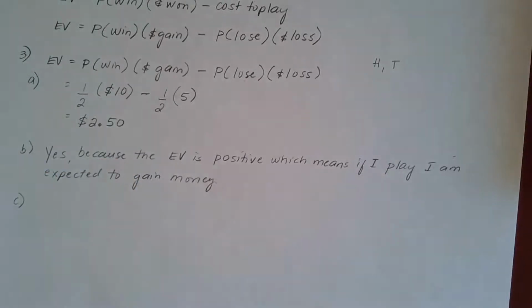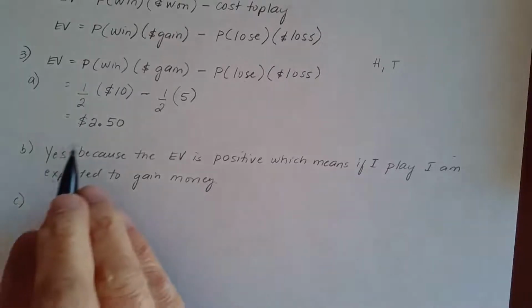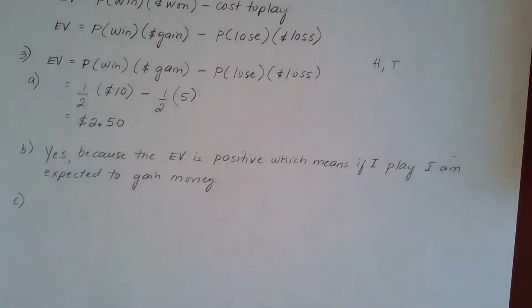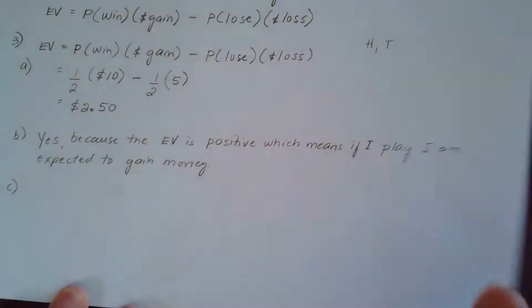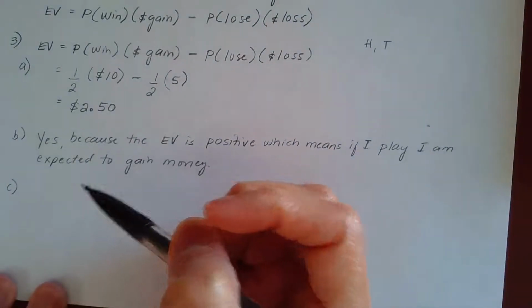Okay, and then let's take a look at letter C. Letter C, it says, if you play the game 100 times, calculate how much you expect to gain or lose. Well, now it's not guaranteed that we're going to get this. So this is still an expectation. We can expect to approximate how much we could possibly gain or lose.